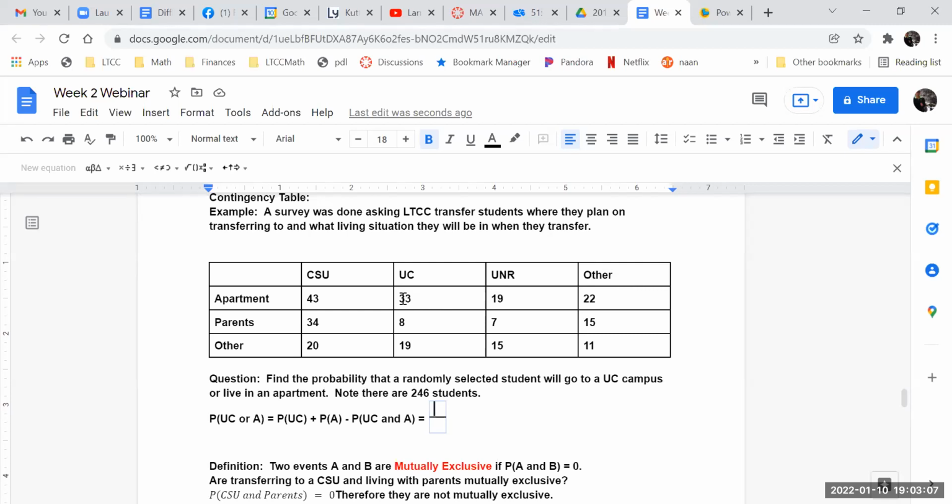Do you see that? If I look at the UCs, that's 33 plus 8 plus 19. Got it? If I look at the apartments, it's 43 plus 33 plus 19 plus 22. The problem is that if we just added those up, I'm double counting this 33. The 33 occurred in both of those, and it shouldn't be double counted because those people are just individual people. They're not doubles. Does that make some sense?